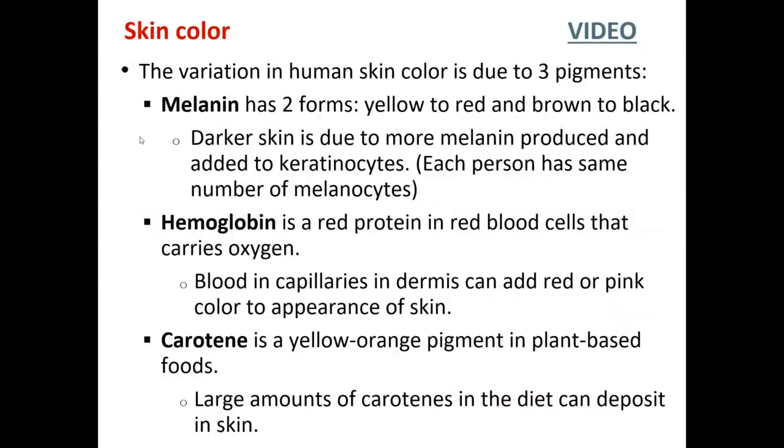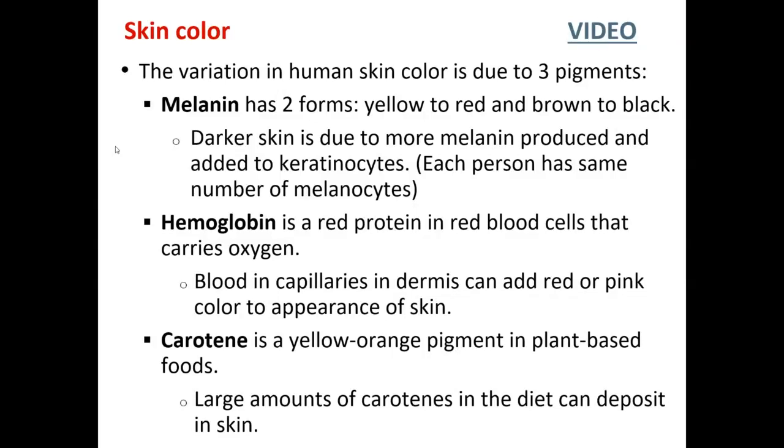Okay, melanin in our skin. There's also melanin in the hair of people with dark hair. So the hair follicles have their own melanocytes for adding color to the hair. So melanin can affect skin color, darkness of skin.